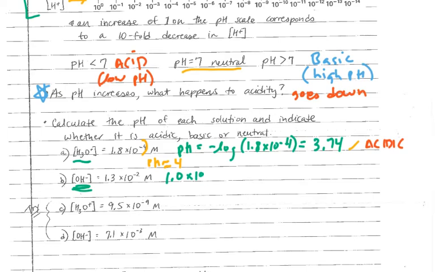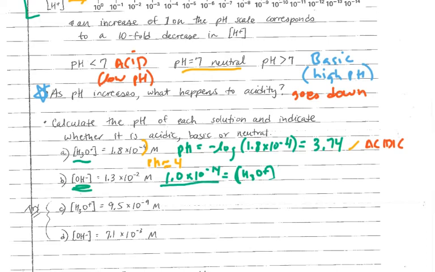if it doesn't say otherwise, 1.0 times 10 to the negative 14th equals the concentration of hydronium, which we're trying to solve for, times the concentration of the hydroxide, which it gives us. I'm going to move this to the other side of the equation and divide both sides, just rearranging it algebraically.